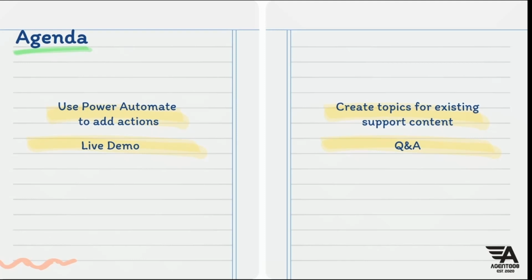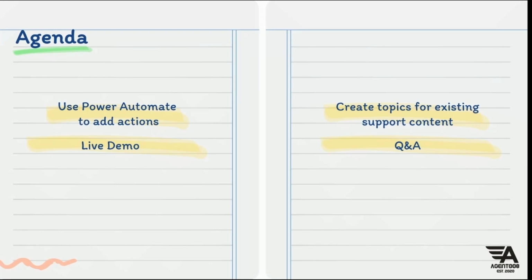This is the powerful thing about Power Virtual Agents, and it includes different features. If we want to know what features we have, I'm going to summarize them quickly. The first thing, which is what we will learn today, is that you can use a Power Automate flow and add it directly to the topics that you have within Power Virtual Agents.